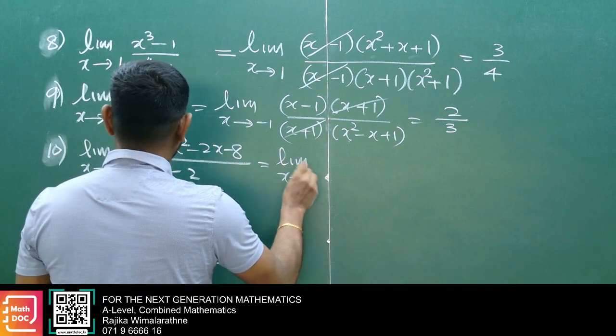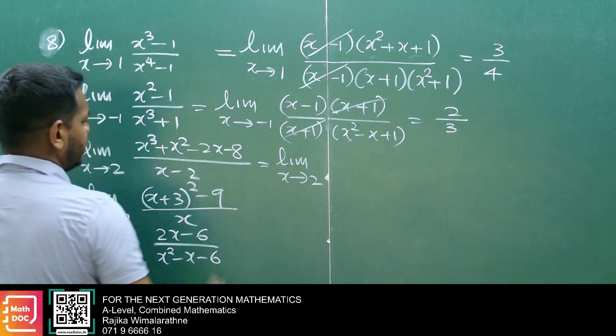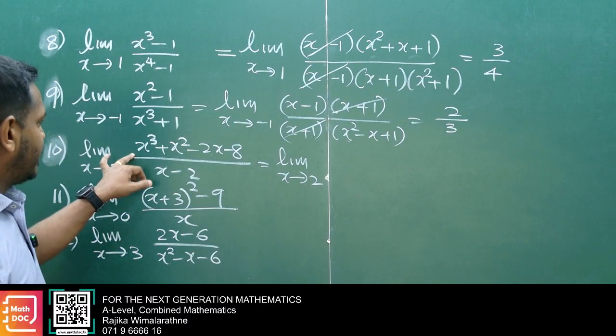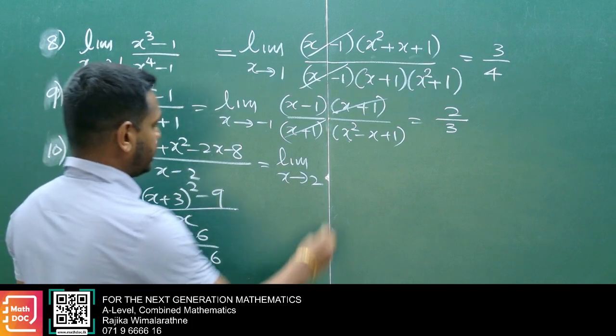Limit x goes to 2. Here, do we have a factor like x minus 2? Let's see.